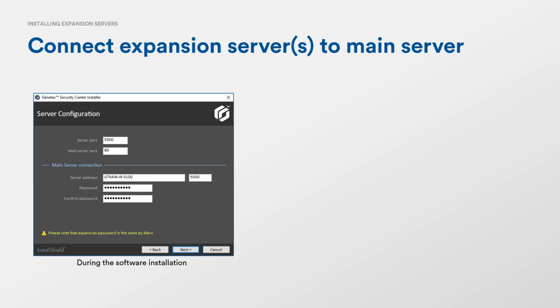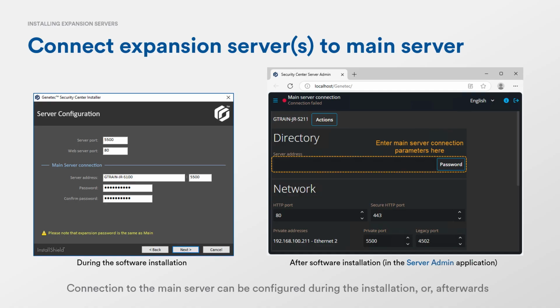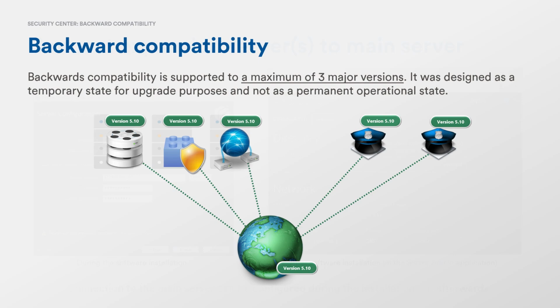Completing this dialog box ensures that your new expansion server will try to connect to the main server as soon as the software installation has completed. But if you're installing the expansion server and you don't have the details for your main server, that's okay too. You can skip the step in the InstallShield wizard and use the expansion server's Server Admin application to connect it to the main server afterwards.